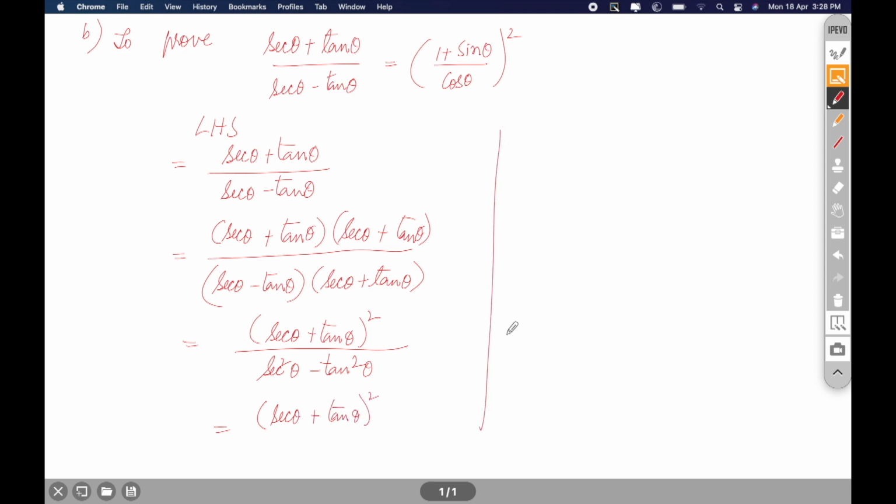Let us convert in terms of sin theta and cos theta here. So sec theta means 1 by cos theta, tan theta means sin theta by cos theta, and a whole square is there. So if we take the LCM inside the bracket, here we have cos theta in the denominator and the numerator is simply 1 plus sin theta and a whole square, which is the right hand side, hence proved.